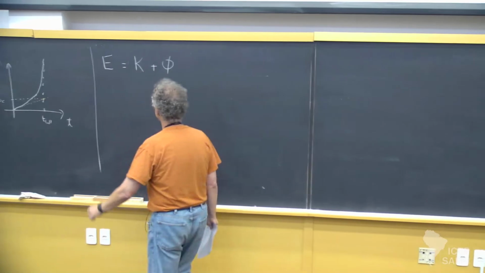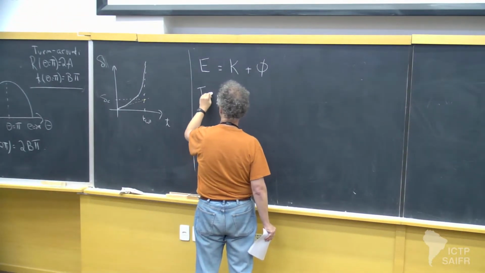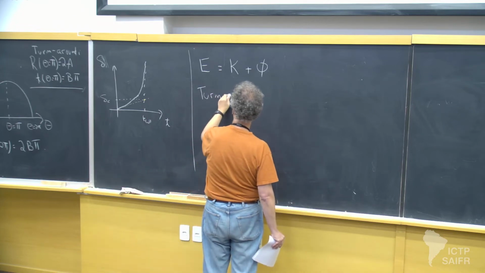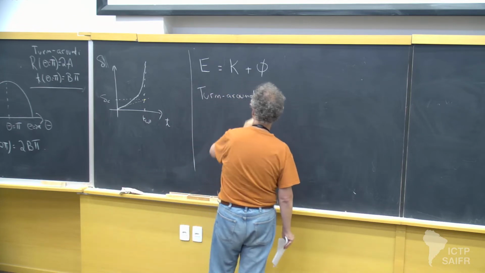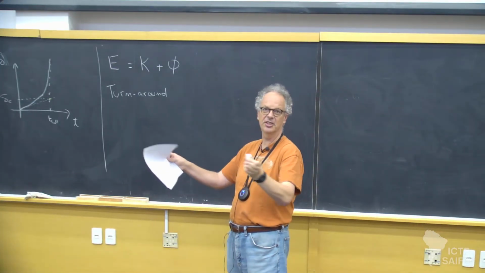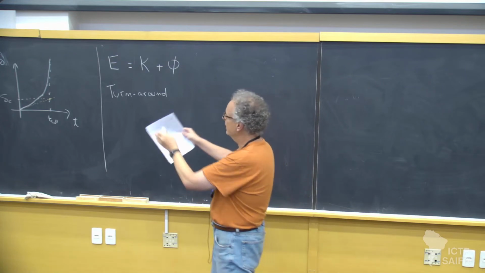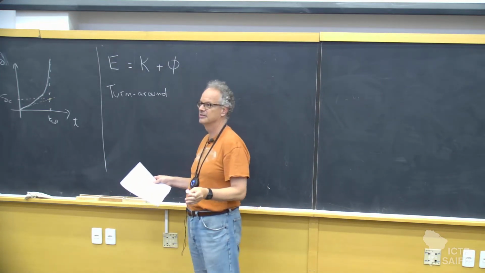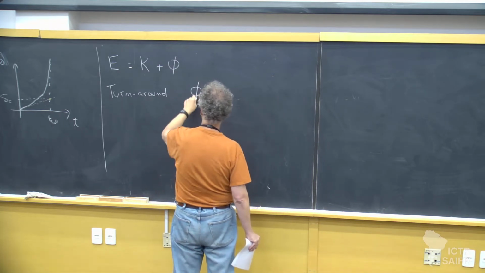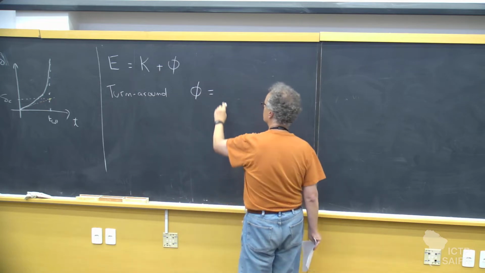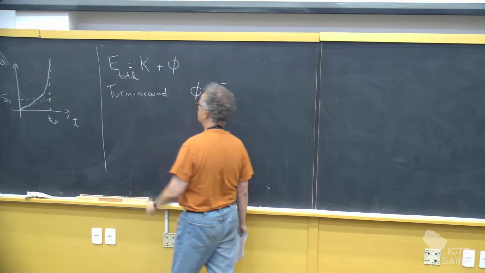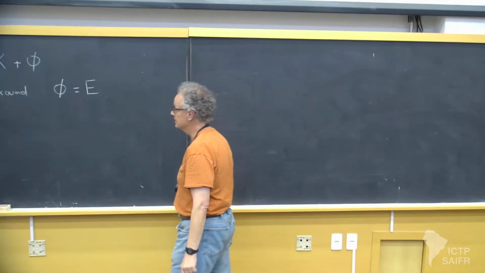At turnaround, suppose you're considering only this spherical perturbation, the velocity stops, right? The expansion stops. So what is the kinetic energy of this perturbation at turnaround? 0. So at turnaround, the potential energy equals the total energy, which is conserved. That's what happens at turnaround.